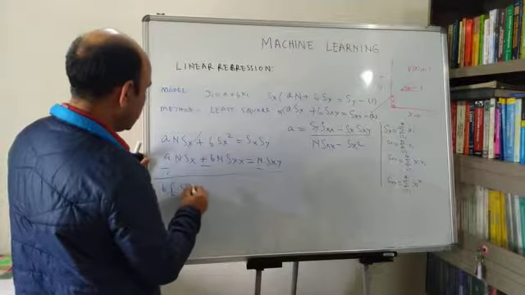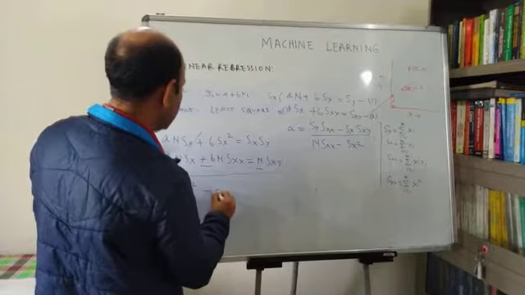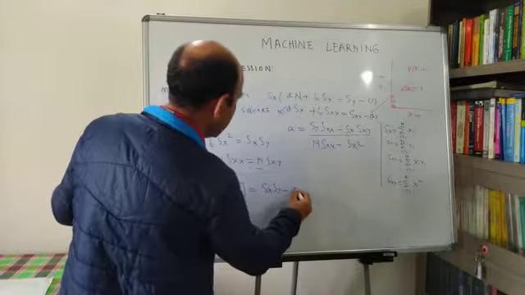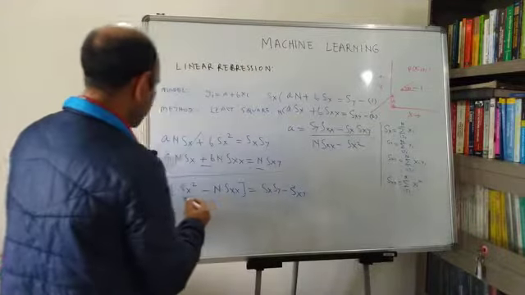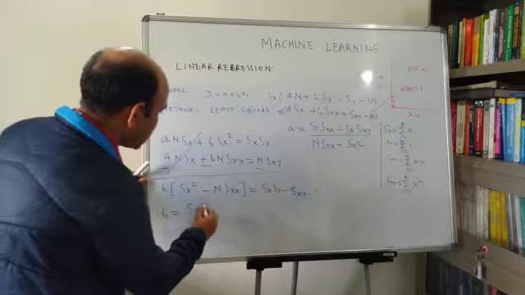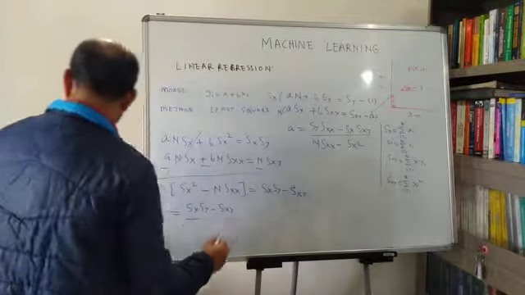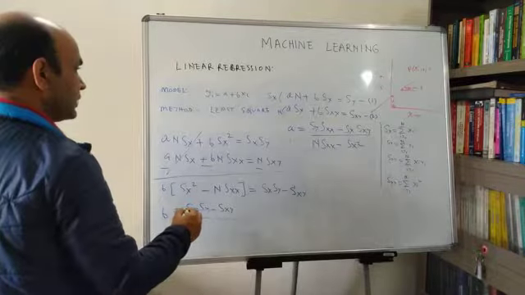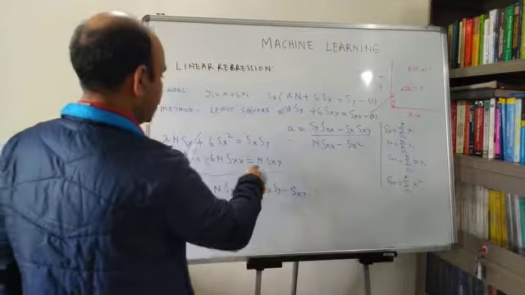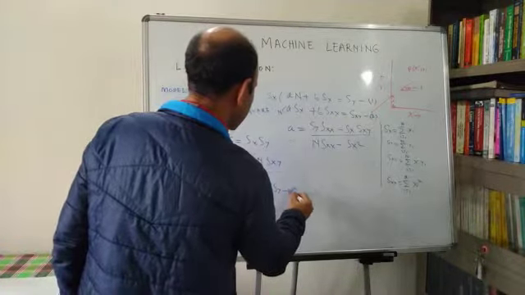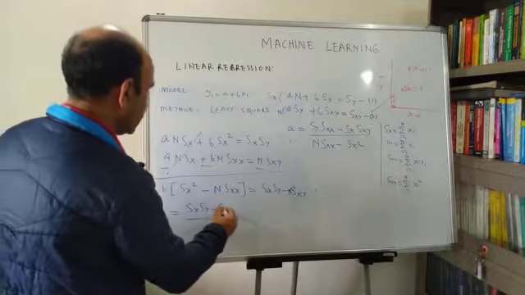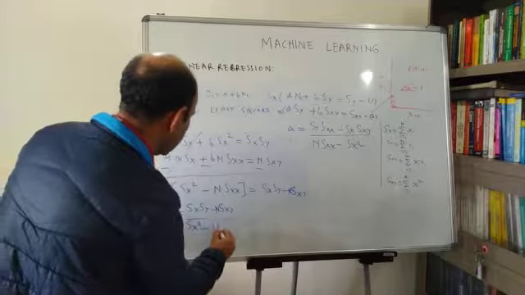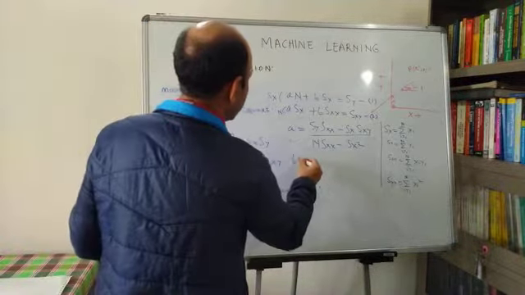So b(sx² - n·sxx) = sx·sy - n·sxy. Here N is also present, so we should not miss this n. So b = (sx·sy - n·sxy) / (sx² - n·sxx).